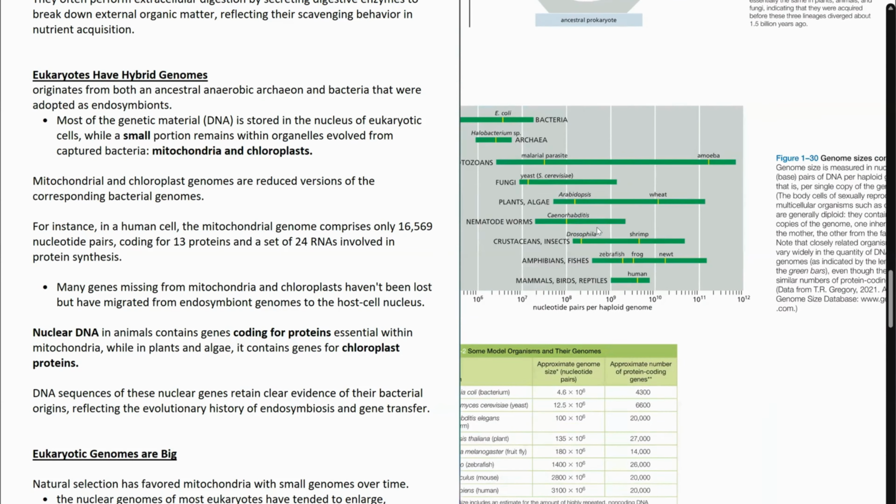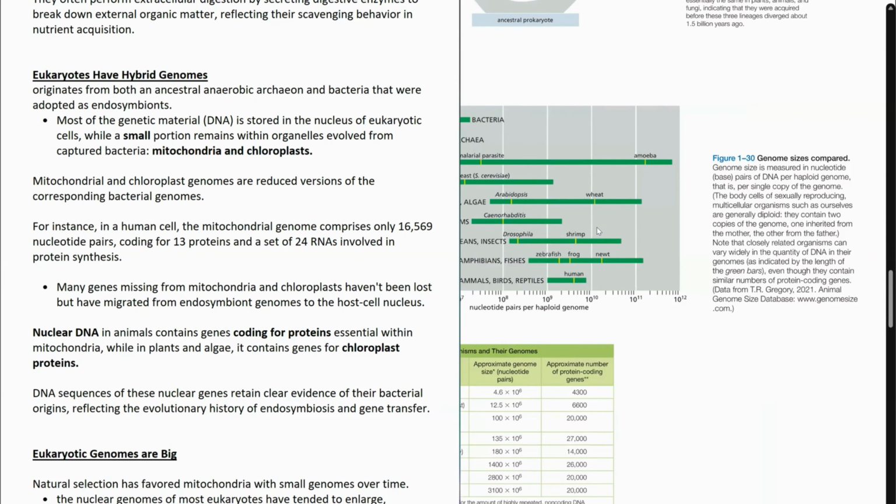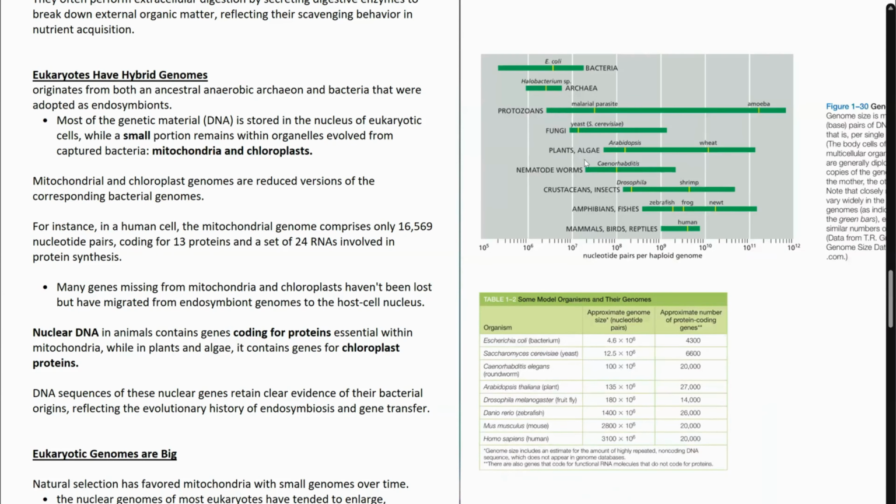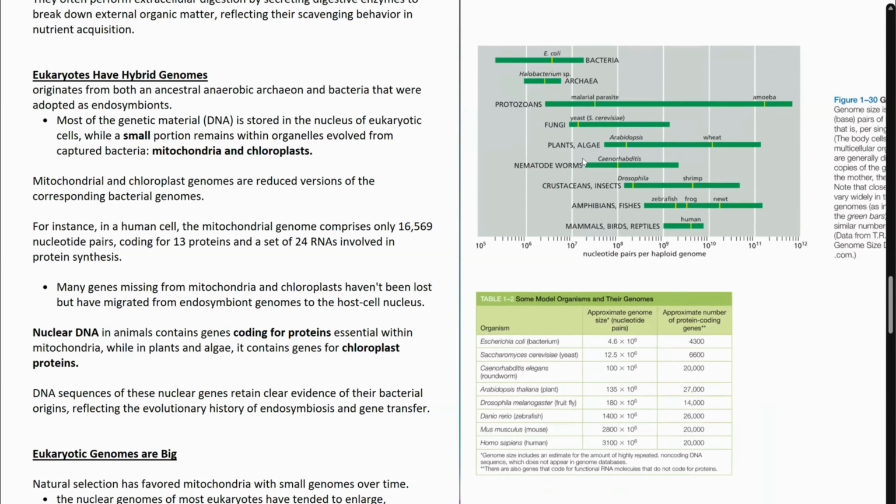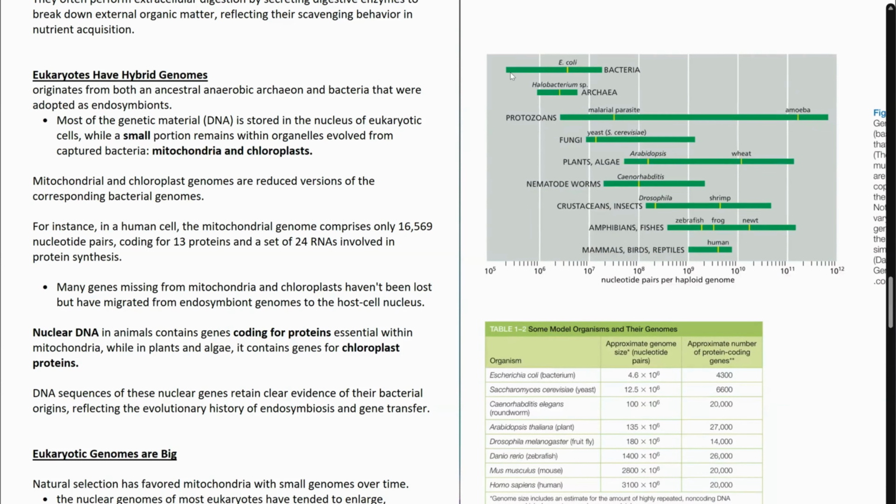Figure 1.30 is basically genome sizes compared, where you would essentially have nucleotide pairs between different species. And as you see in terms of simplicity, you have bacteria and archaea and protozoans with smaller genome sizes.